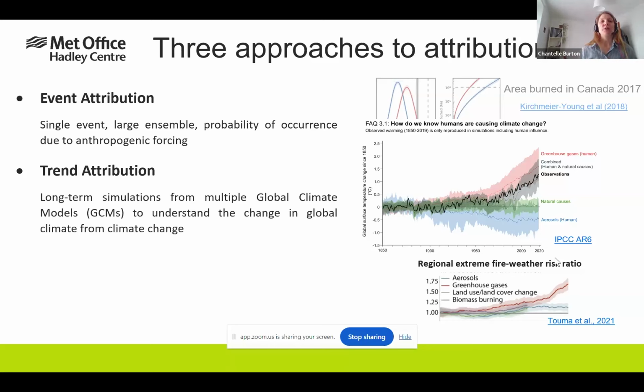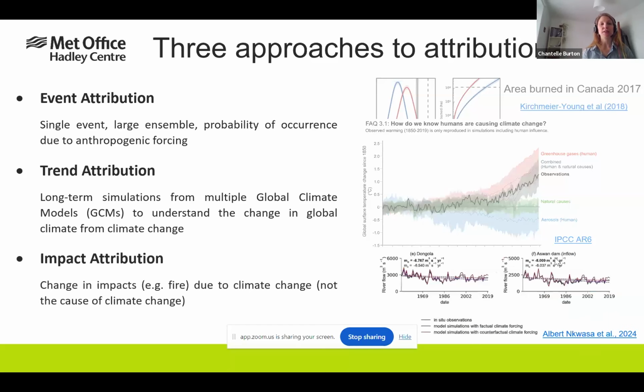Each of these two approaches align more with IPCC Working Group 1, whereas a more recent development that aligns more with IPCC Working Group 2 is impact attribution. I've been working quite a bit in this area alongside ISIMIP, which is the Inter-Sectoral Impact Model Intercomparison Project.